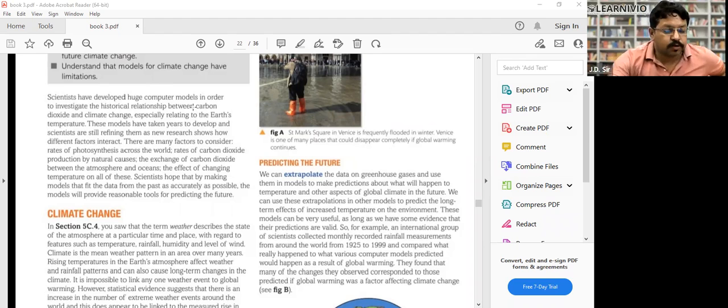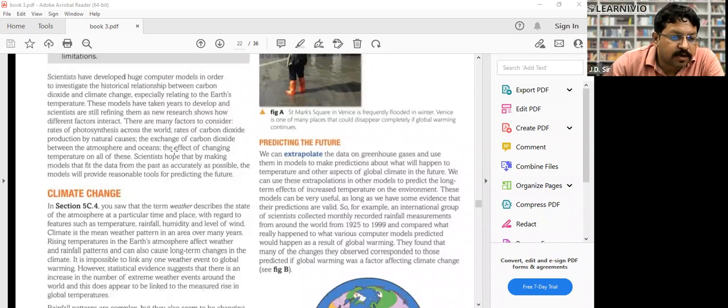Scientists have developed huge computer models to investigate the historical relationship between carbon dioxide and climate change, especially relating to the Earth's temperature. These models have taken years to develop, and scientists are still refining them. New research shows how the different factors interact.